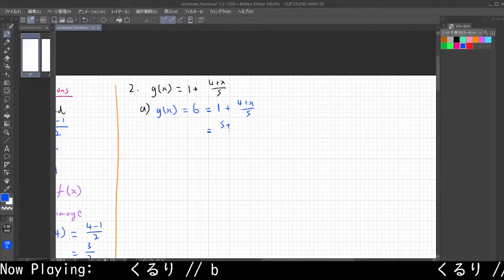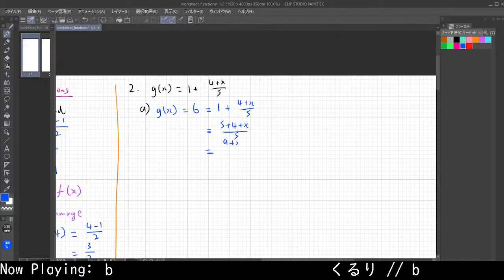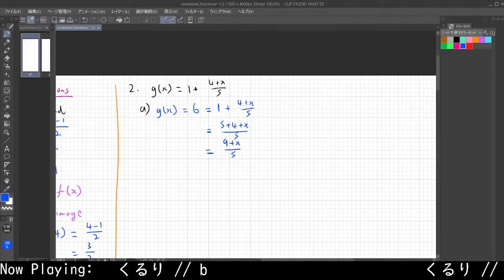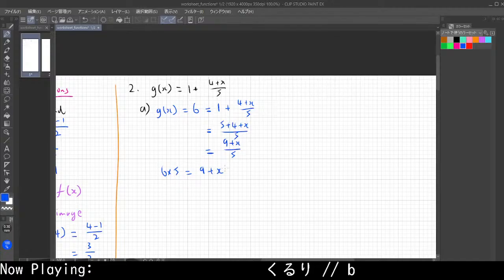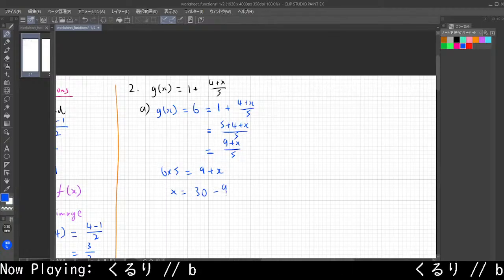You will get 5 plus 4 plus x over 5, which equals (9 plus x) over 5. You want to find x. Rearrange. Take 5, divide, move over, become multiply. 6 times 5 equals 9 plus x. x will be equal to 6 times 5, which is 30. 9 move over, plus becomes minus, 30 minus 9, 21.